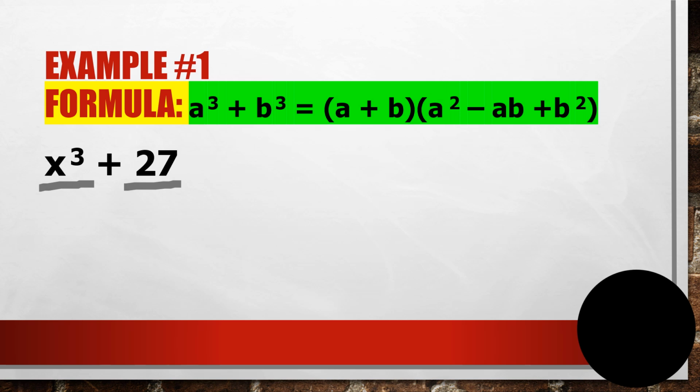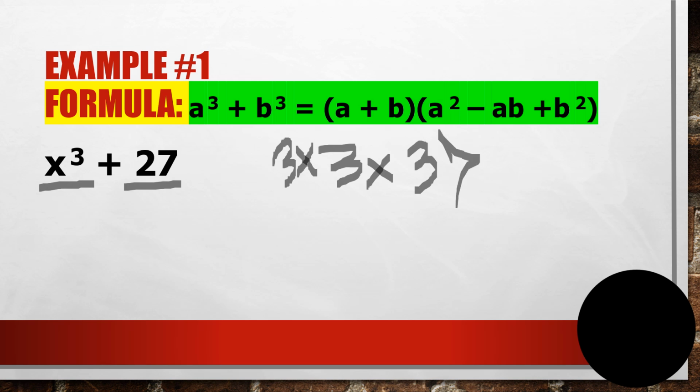But obviously, we know that if you have 3 times 3, multiplied again by 3, the answer is 27. Okay. Now, let's rewrite the original problem as a sum of 2 cubes by finding its cube root or by simplifying it.